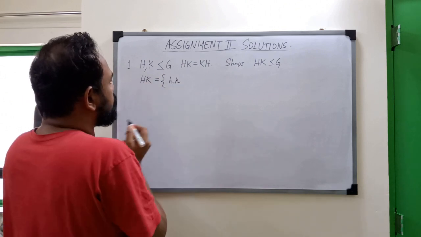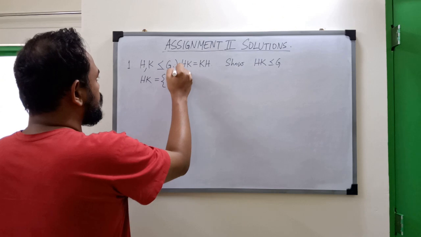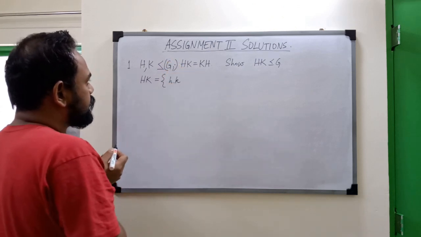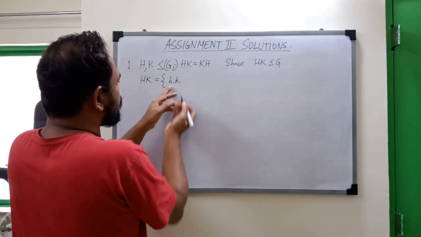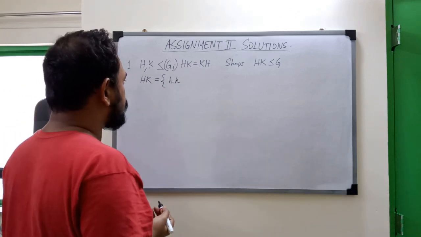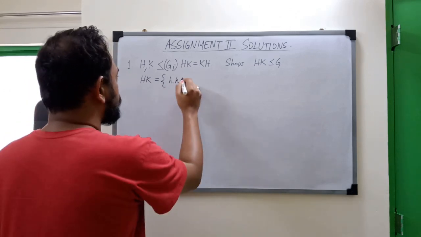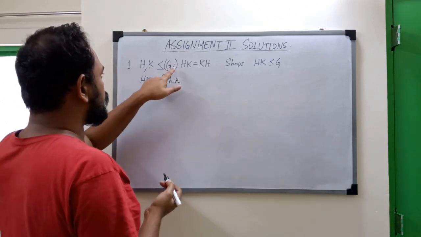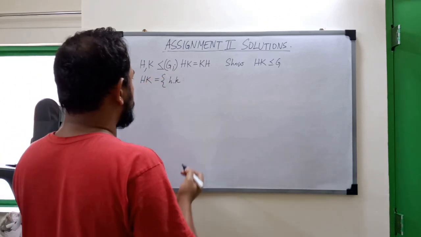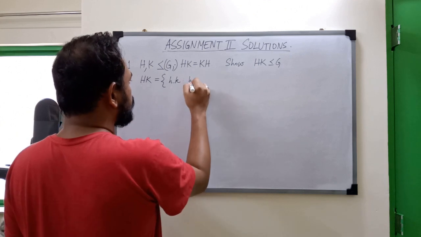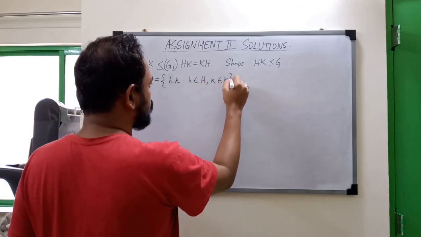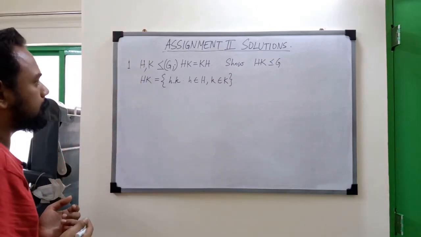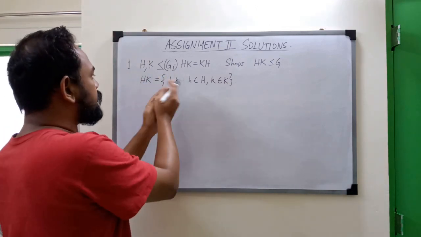And of course, product means the binary operation that was defined on G. I may sometimes omit this dot here, but it's understood that we're using that binary operation, where small h is an element of capital H and small k is an element of capital K. So this was the definition of what HK was, and similarly KH is the other way around.